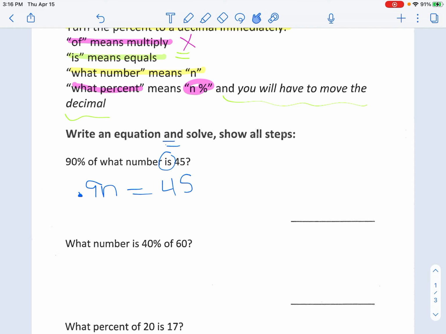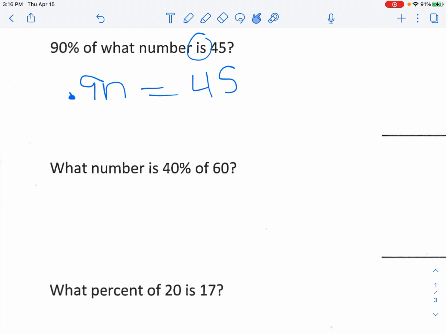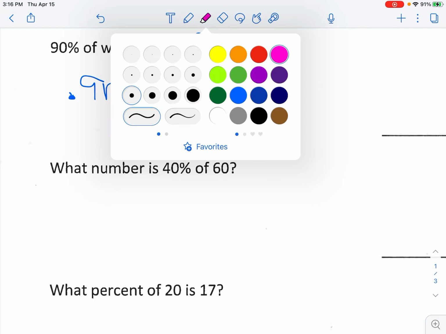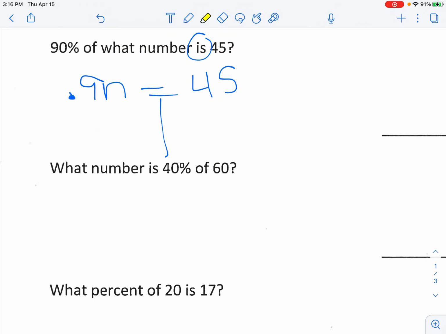Now we're going to solve the equation. So I'm going to zoom in a little bit. All right, to solve the equation, we draw the mirror. You are going to find your coefficient. Your coefficient is the number that you're going to divide both sides by.